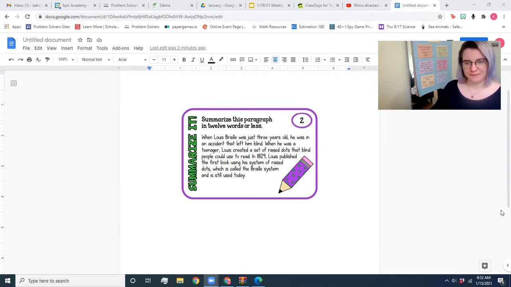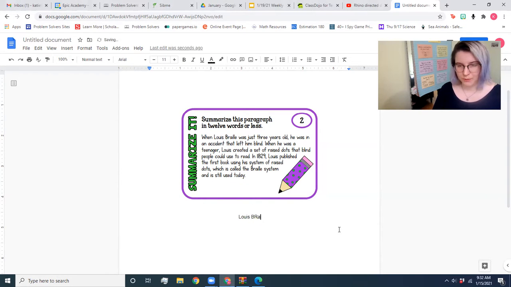I'm going to give it a shot. Braille invented help blind people read. 1, 2, 3, 4, 5, 6, 7, 8, 9, 10 words.